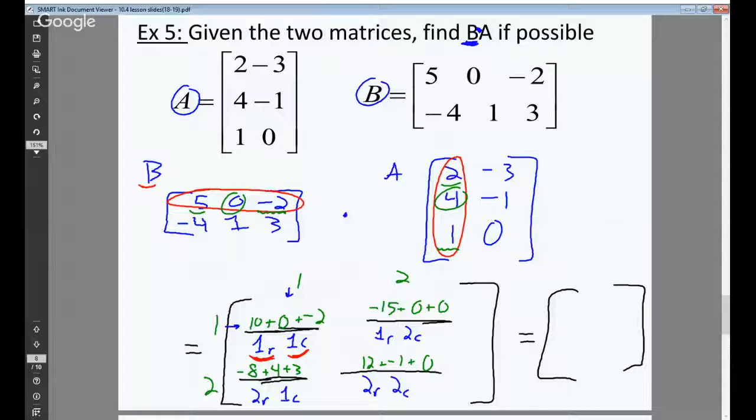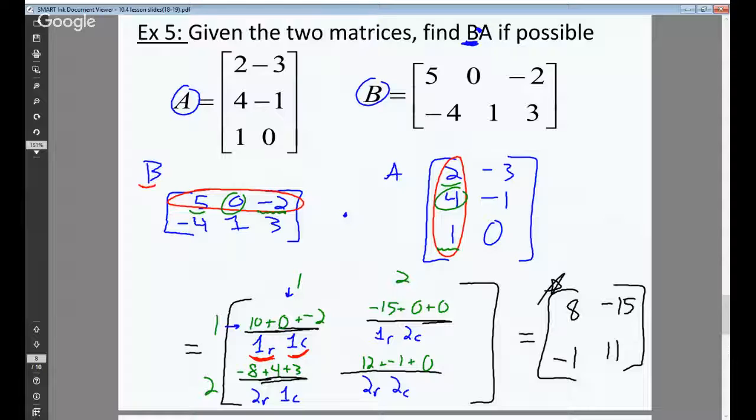And then if you add all those together, your first element should be 8, second element should be -15, your third element should be -1, and your last element should be 11. And that would be your answer for multiplying these two matrices.